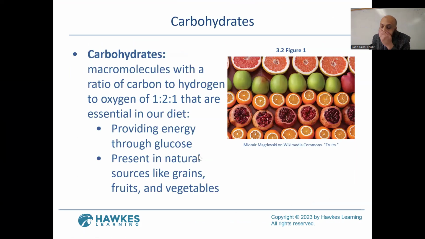Carbohydrates are macromolecules with a ratio of carbon to hydrogen to oxygen. So that's the first class now. We're going to take them step by step. There's carbohydrates, there's proteins, there's lipids, there's nucleic acids. So now we're going to go through all of them.